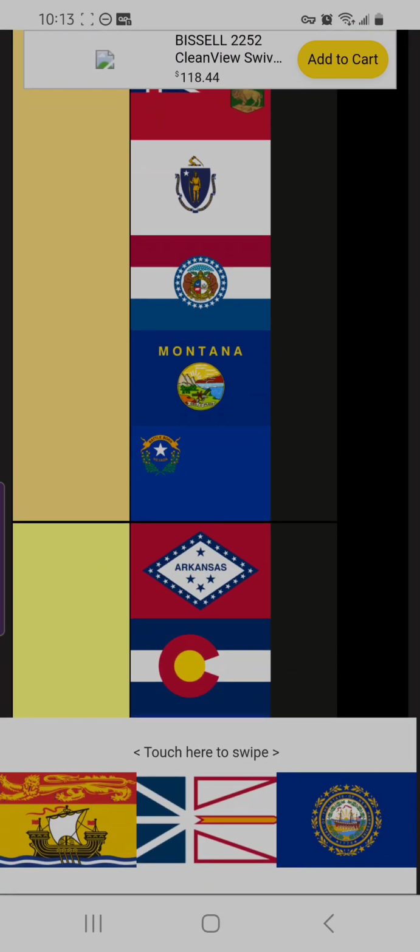New Brunswick. That flag actually looks amazing. A boat on the water, sailing away into the ocean.